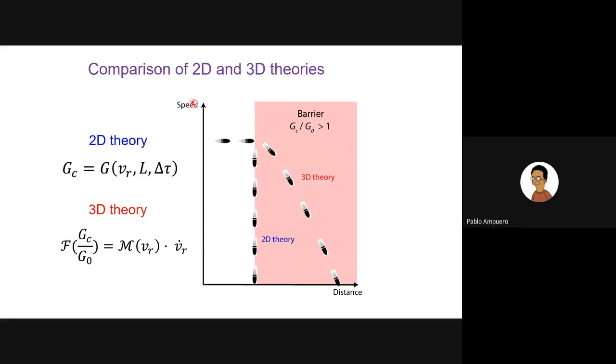It's interesting that this is something that's very different between the 2D and the 3D theories. In the 2D theory, the rupture acceleration is not involved in the crack tip equation of motion, but it is in the 3D theory and in the 2.5D theory.